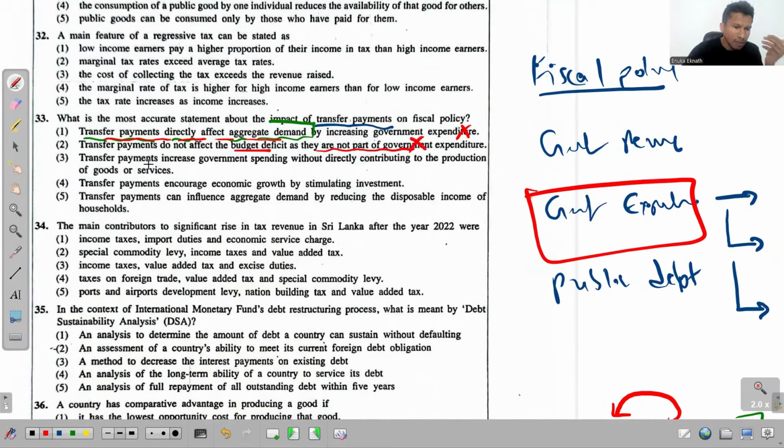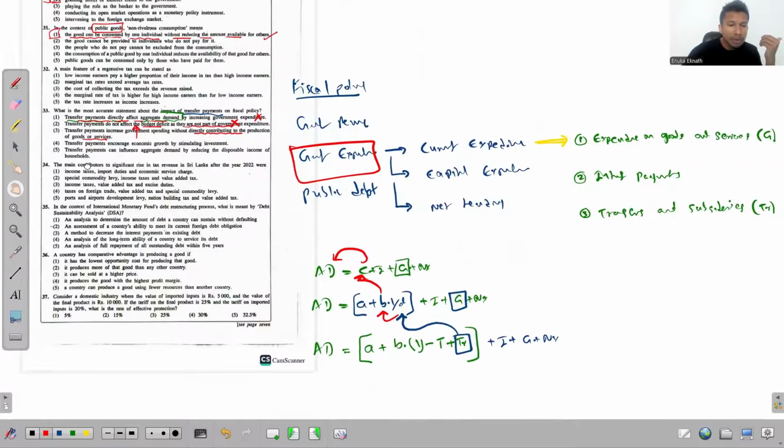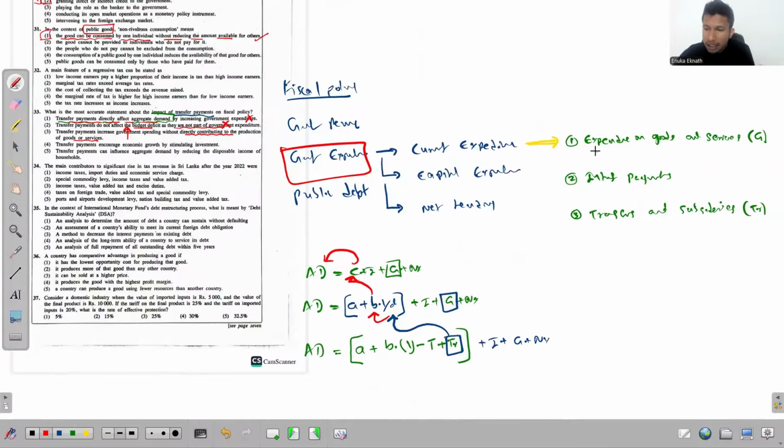Third one, government transfers increase government spending. Yes, true. When transfers get increased, even the government spending gets increased because it is a part of the government spending without directly contributing to the production of goods and services. There's no direct impact on the production of goods and services because the expenditure on goods and services is separate, that is independent from the transfers and subsidies.